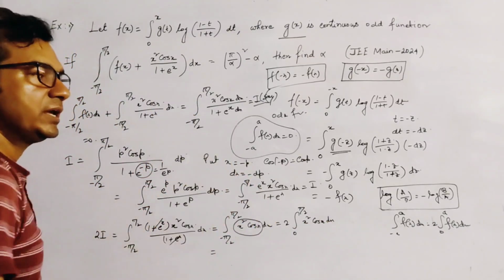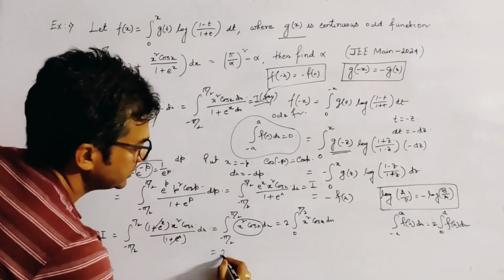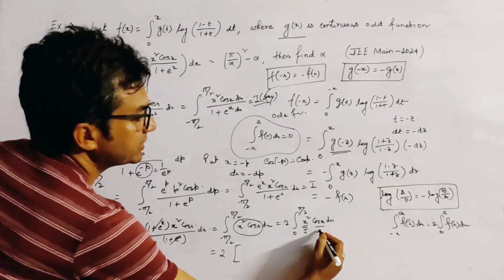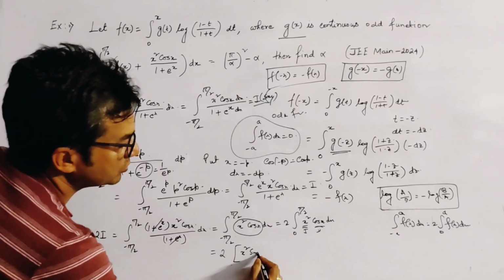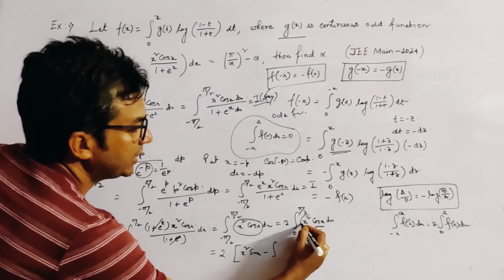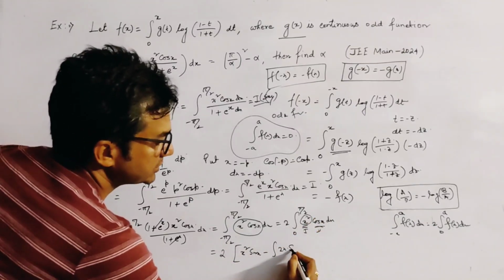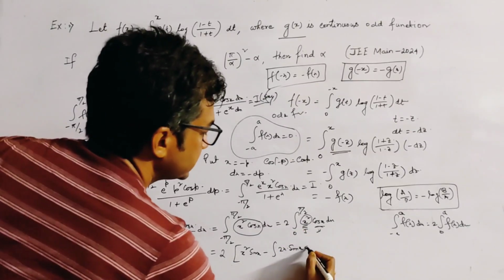Now we use the formula of integration by parts, with x square as the first function and cos x as the second function. This becomes x square into sin x minus integration of the derivative of x square, which is 2x, and the integral of cos x, which is sin x, dx.